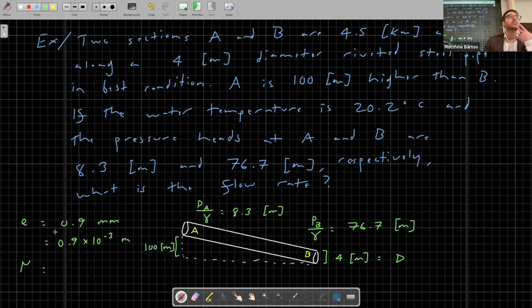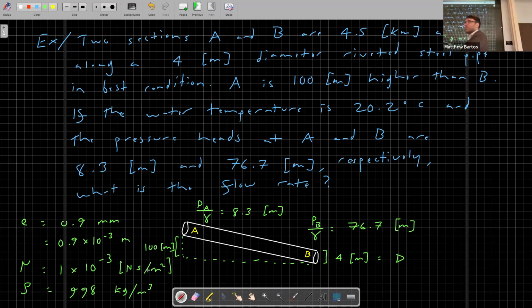And the dynamic viscosity, if we look it up in our table, I'm not going to do it just because it'll take time, but this is 1 times 10 to the negative third Newton seconds per meter squared. And the density from the last problem also, same temperature, 998 kilograms per cubic meter. So that is the information that we have.